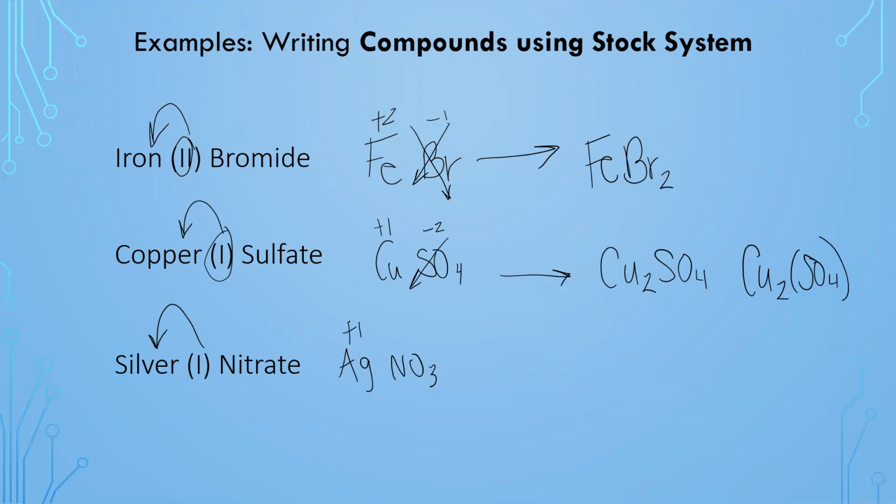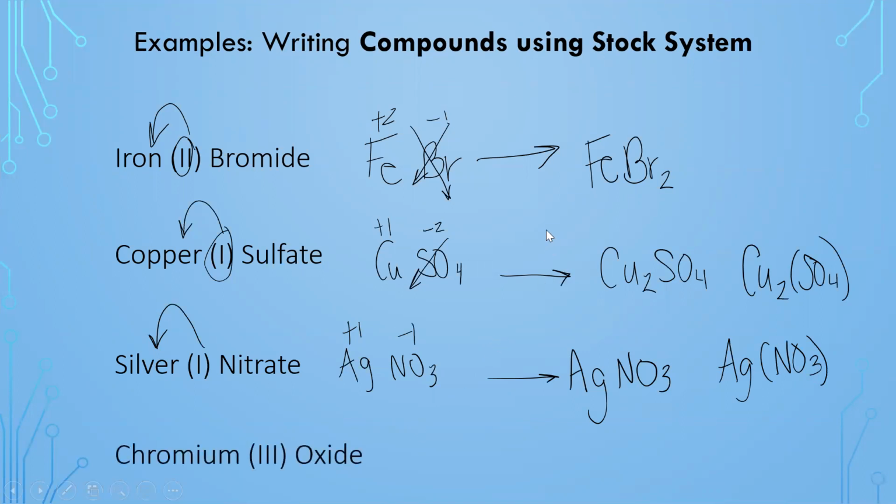And the first element is always a positive charge. Nitrate overall is a -1. I don't have to crisscross. So my final answer is AgNO3 or Ag with NO3 in parentheses. Either one.